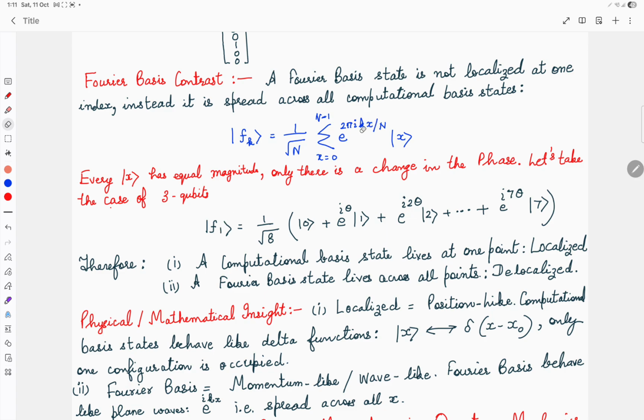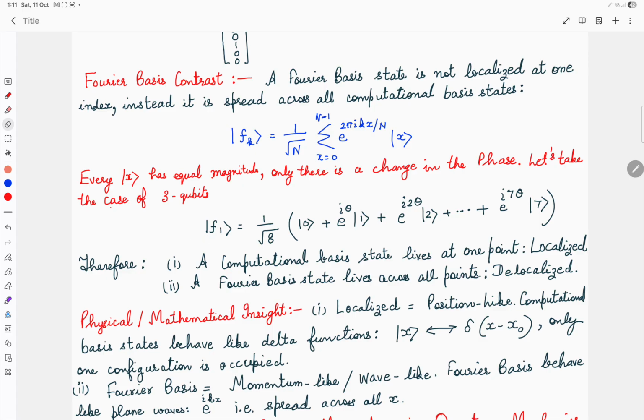Once I substitute k equal to 1, capital N will be equal to 8, and x will vary from 0 to 7. The 1 over square root of N gives 1 over square root of 8, so the value of 1 over square root of 8 comes here. And what else do you get after you apply this quantum Fourier transform? You get ket 0, ket 1, ket 2, and so on. These are the computational basis states, for the particular Fourier basis vector f1 which we are trying to calculate.